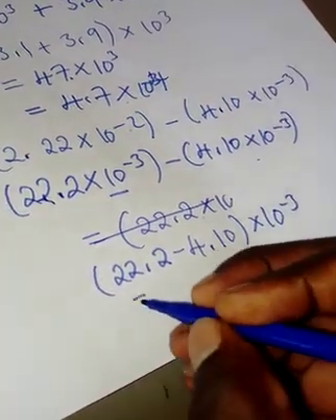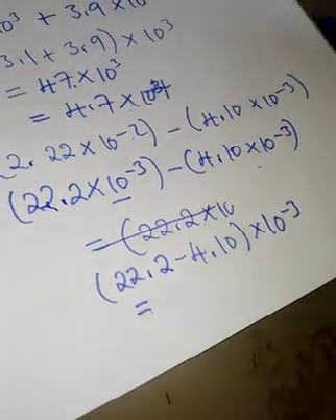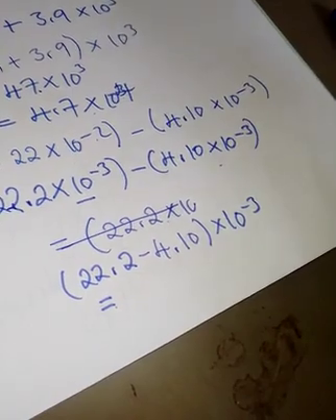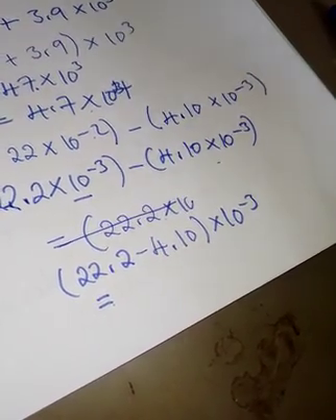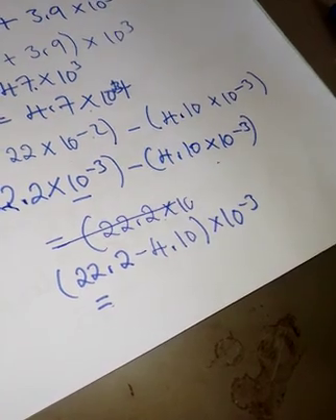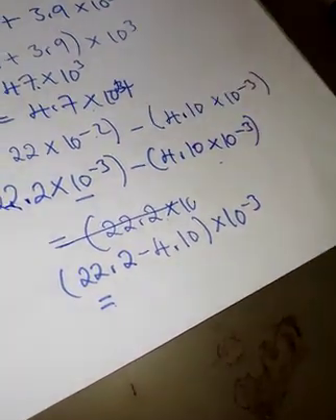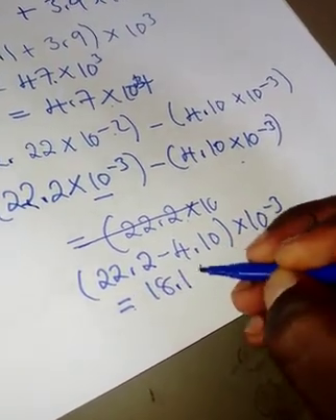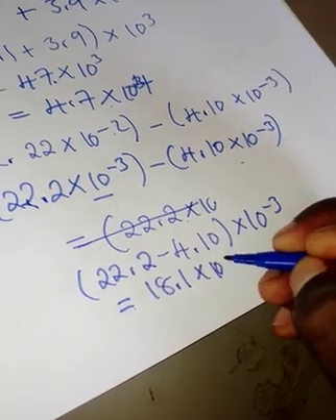So this one will be equal to what? Let me just punch that on the calculator. So we have 22.2 minus 4.1. So we're getting 18.1. We have 18.1 times 10 to the power negative 3.